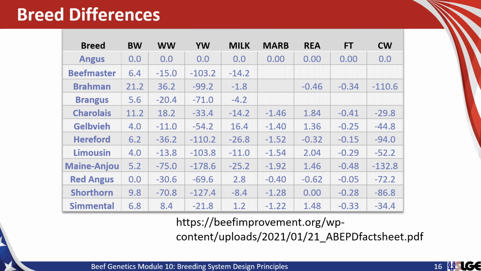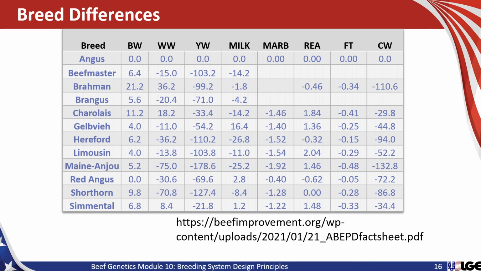These effects are updated annually, and the annual updates are available at the Beef Improvement Federation website. I have a link on the bottom of this slide for the most recent values. I would also point out that the annual updates include breed of sire differences, which are half of a breed difference.